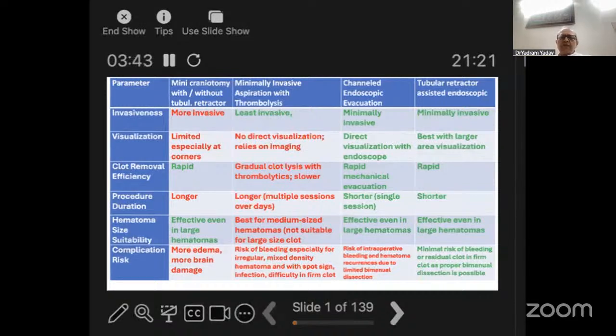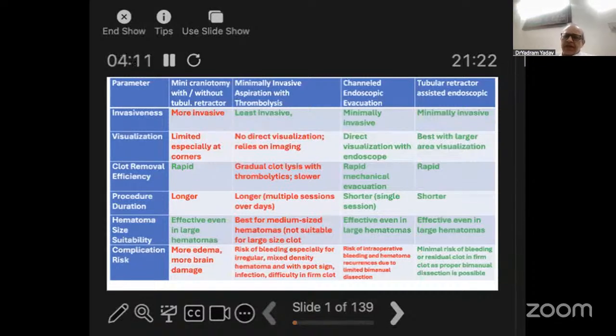However, because of limited bimanual dissection, there is a difficulty in intraoperative bleeding control, and there is also difficulty in removal of firm hematoma. So these are 2 limitations of channel endoscopic surgery: the difficult bimanual dissection, and if there is a firm hematoma, then under usual condition, the technique cannot be performed.